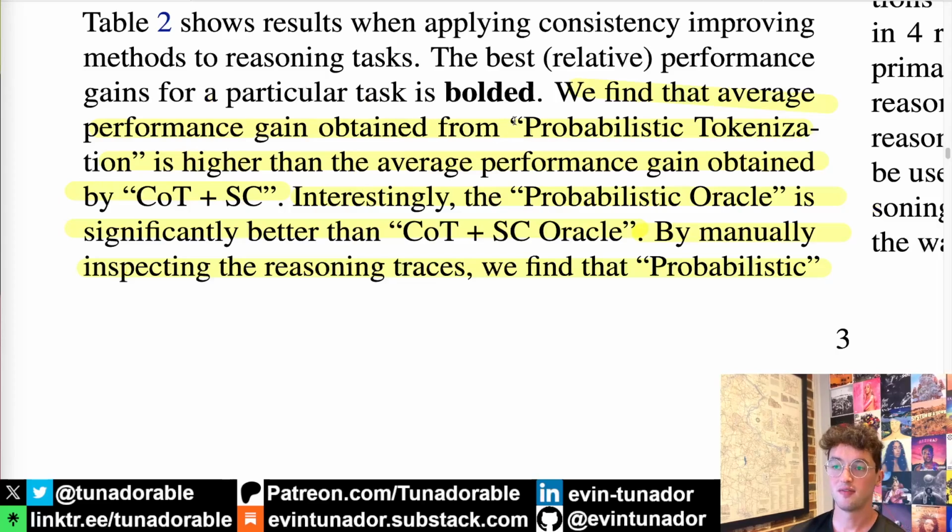And they do in fact find that their probabilistic tokenization method does have an average higher performance gain than just chain of thought plus self-consistency.